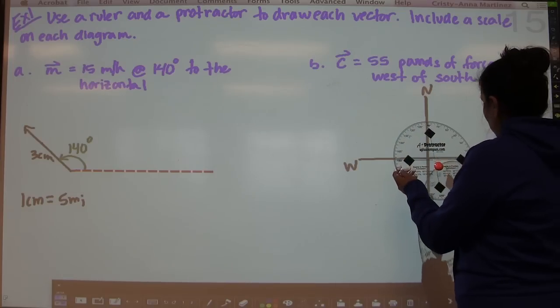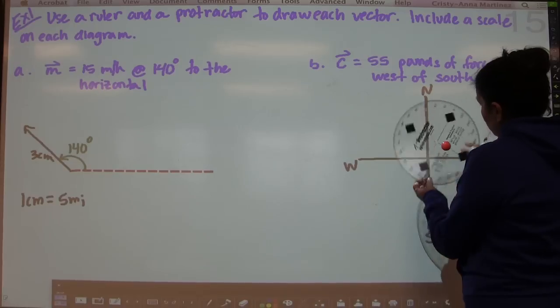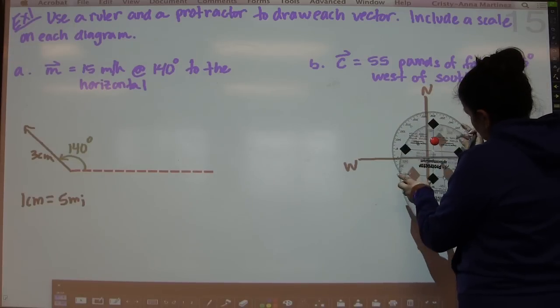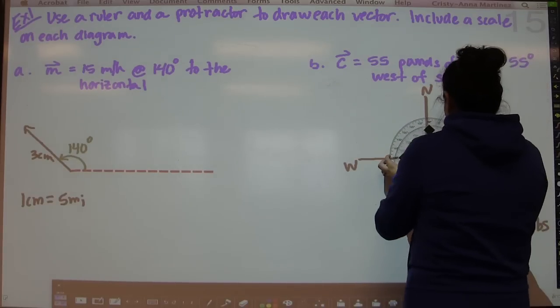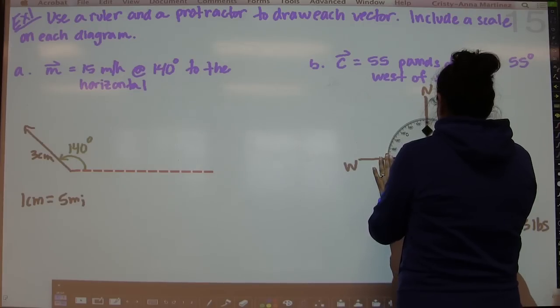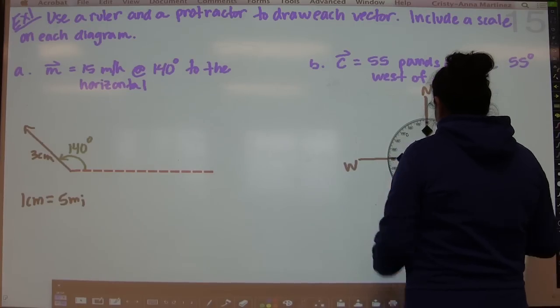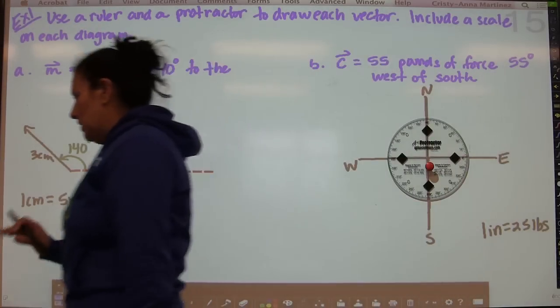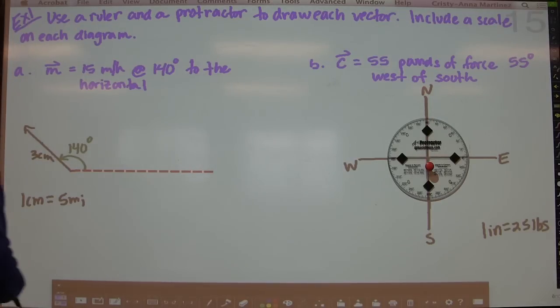So I am going to go ahead and put my compass right here, and I want to do 55 degrees. Now, my compass is kind of different than yours, obviously.